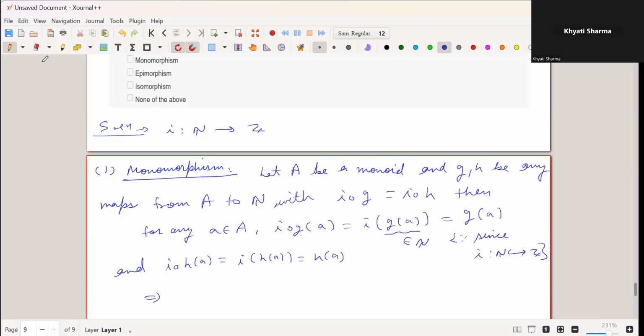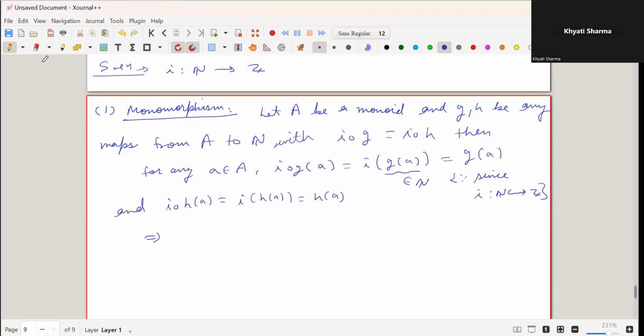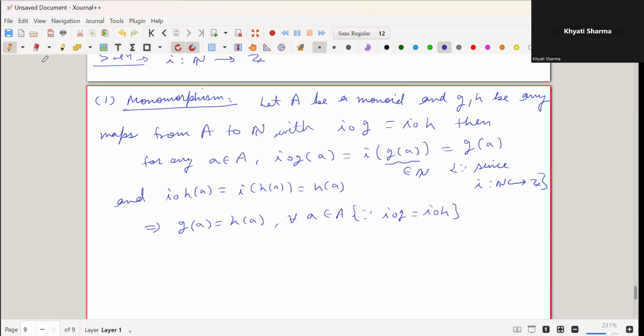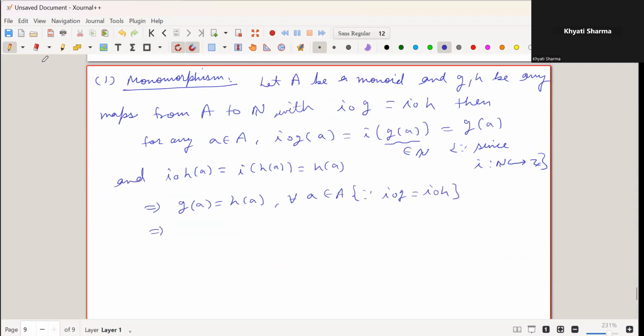This implies G of a equals H of a for all a belonging to A, since I compose G is the same as I compose H, right? And I compose H of a is H of a and I compose G of a is G of a. Okay, and thus G is equal to H. So it's a monomorphism.